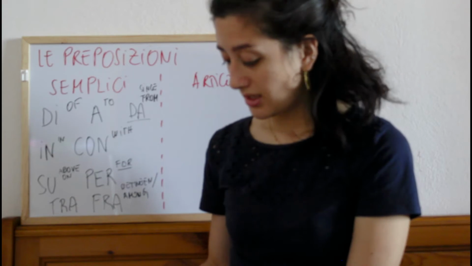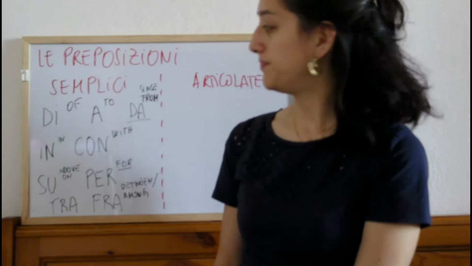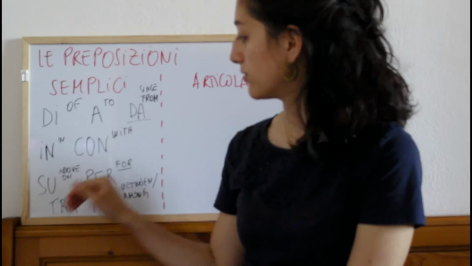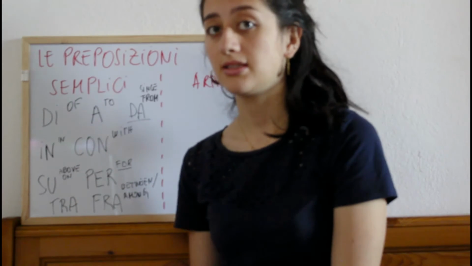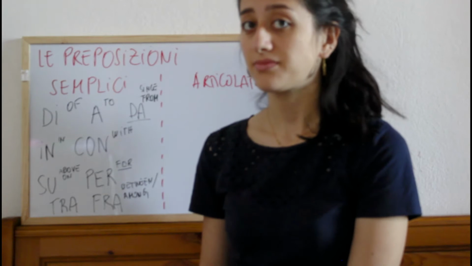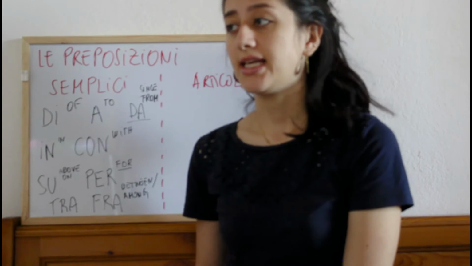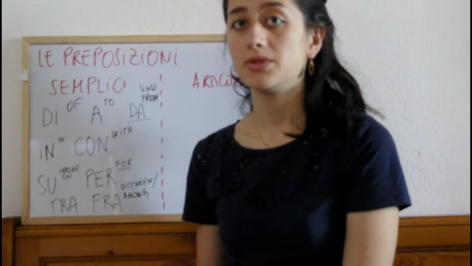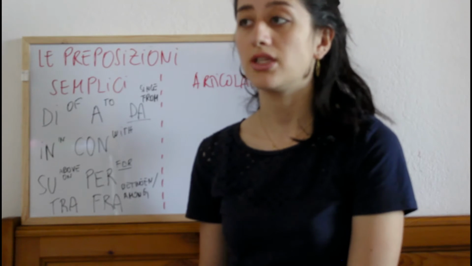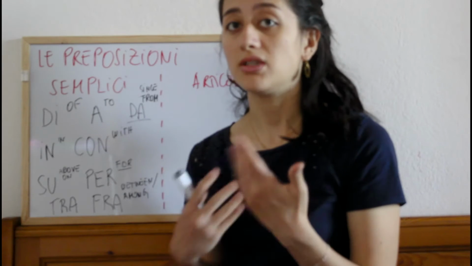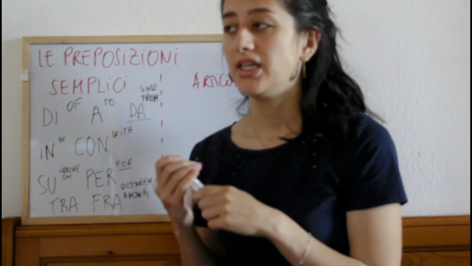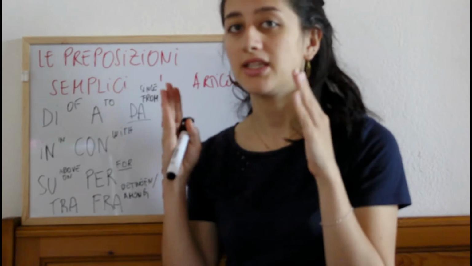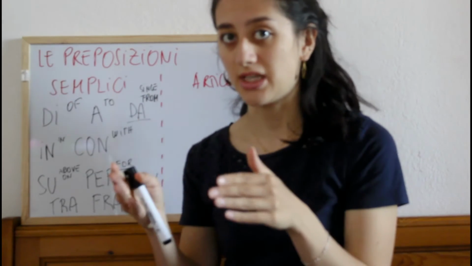The point is, guys, that you have to be careful with these raw translations that I wrote here. In another lesson, I will explain to you exactly the difference between the use of the prepositions in Italian and English, so that you can avoid making mistakes, like mistakes of automatic translations from English into Italian.